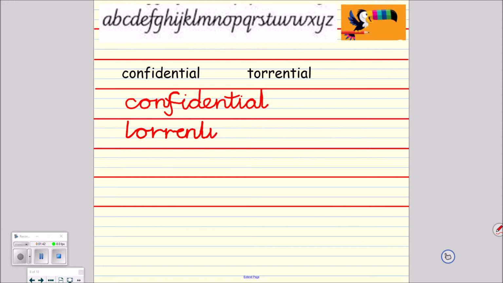My I and my A fit neatly in line. Finishing off with my L, my ascender, which goes to the top and down. Not forgetting again to cross my T's and dot my I's. If we look carefully at the R you can tell there's a little bit of a stick on it. So what I want you guys to have a go at now is practice these two words and compare them to mine.